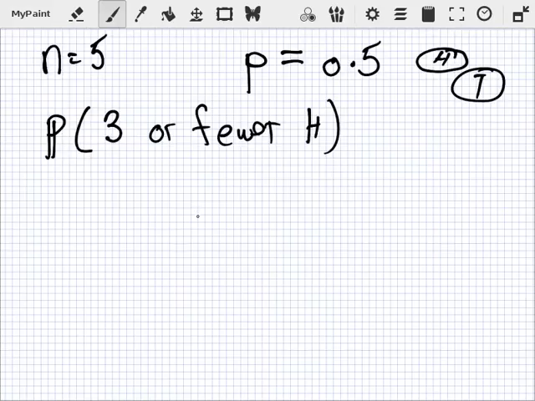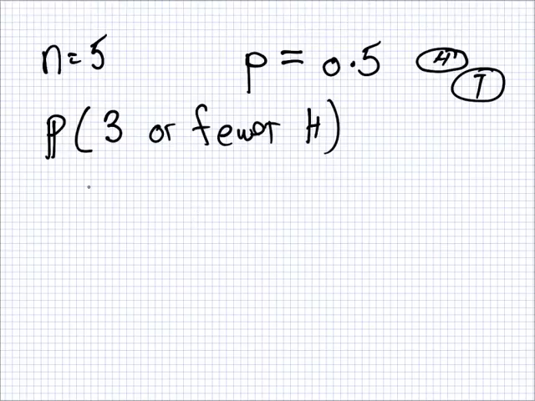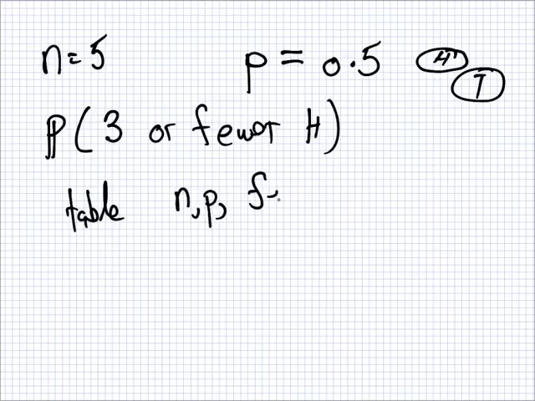Okay, so previously, how did we have to do that? We have to do 5C0 possibility, 5C1, 5C2, and 5C3. But actually, the table book, you can use it for situations where you have an n, you have a p, and you want fewer or equal.